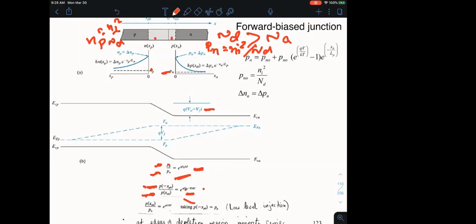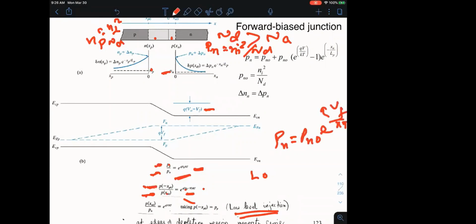And the answer is, under so-called low level injection conditions, it is the denominator which goes up exponentially by that factor, meaning that p on the N side will be the starting value, pN0 e to the power qVF over kT.